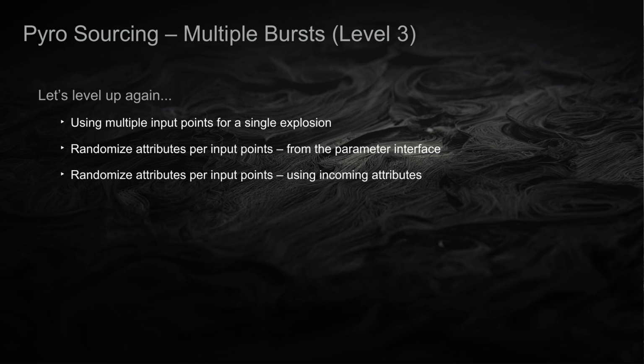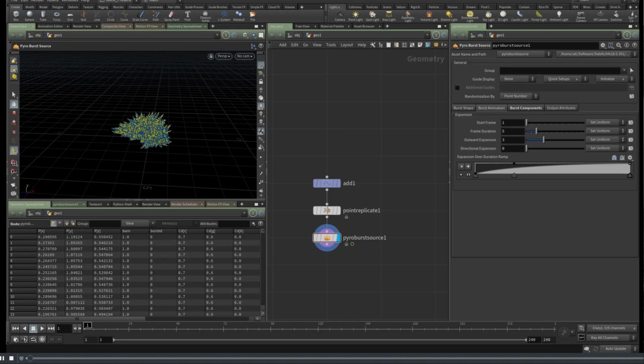Then let's level up again for even more complex explosion sourcing. All of the examples you have seen only used a single input point, but you can create multiple input points, and there is a way to randomize to give even more randomization for all of these bursts.